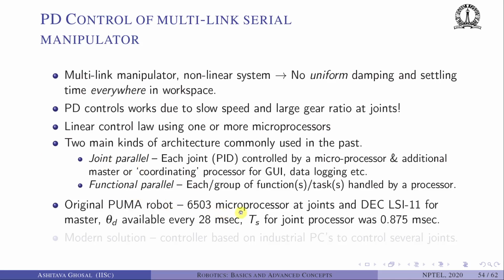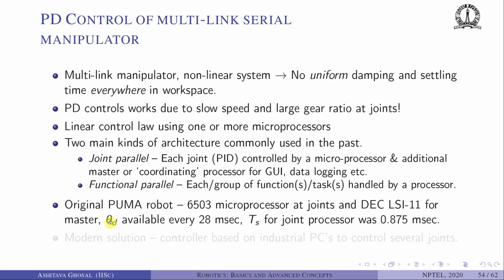The original Puma robot, for example, had something called a 6503 microprocessor at each joint. Most of you would not have heard of a 6503 microprocessor, but 50 years back, this was well known. The master computer or coordinating microprocessor was a DEC LSI 11. This also does not exist anymore.